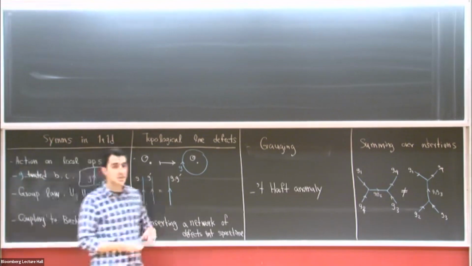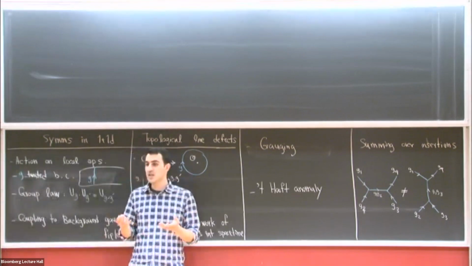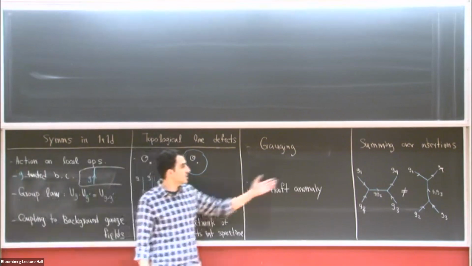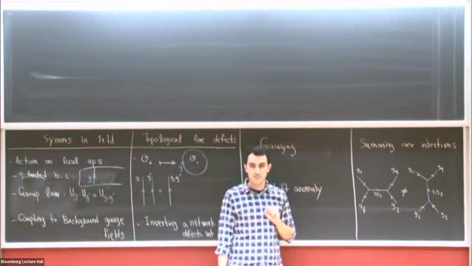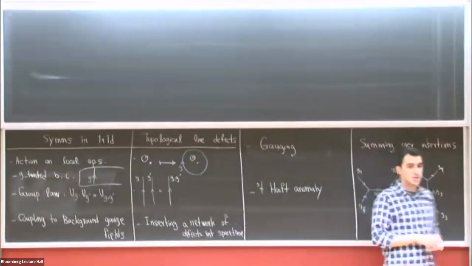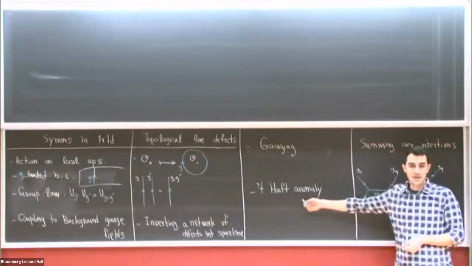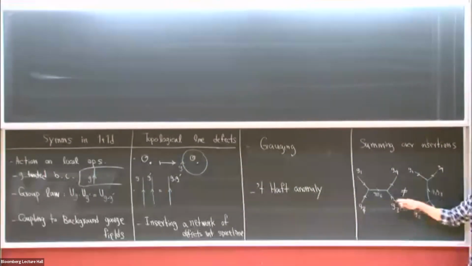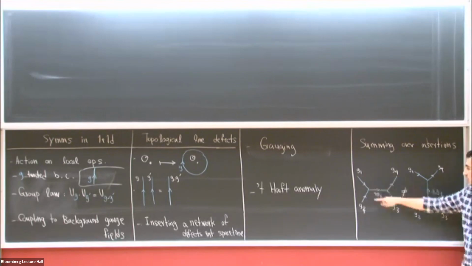I could also gauge them. Gauging means that I make the gauge field dynamical, so I just sum over all these insertions. But there might be an obstruction to gauging, and that's called 't Hooft anomaly. The 't Hooft anomaly just means this pictorial relation: when I do this crossing move locally, if I'm not able to do it, it means that this network has more dependence.